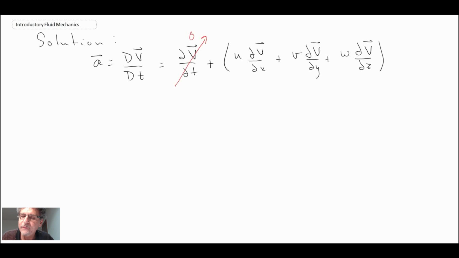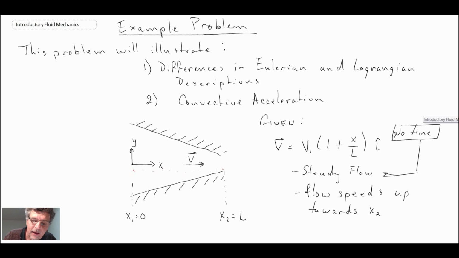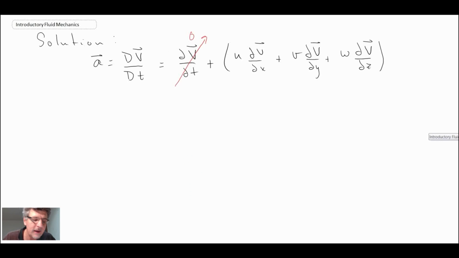That is a 0. The other thing we can say, if we look back at our schematic, is that the velocity is only moving in the x direction. There is no velocity in the y or in the z direction. Consequently, v is equal to 0 and w is equal to 0, and that term and that term disappear. What we're left with for the acceleration is the following expression there.